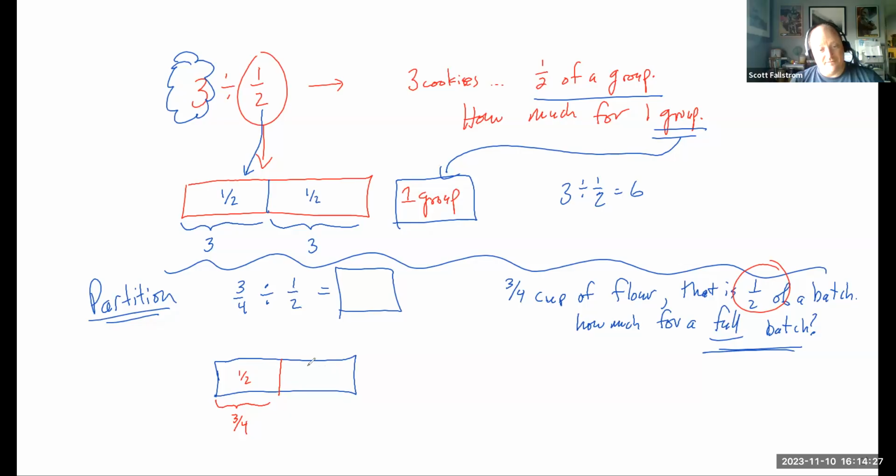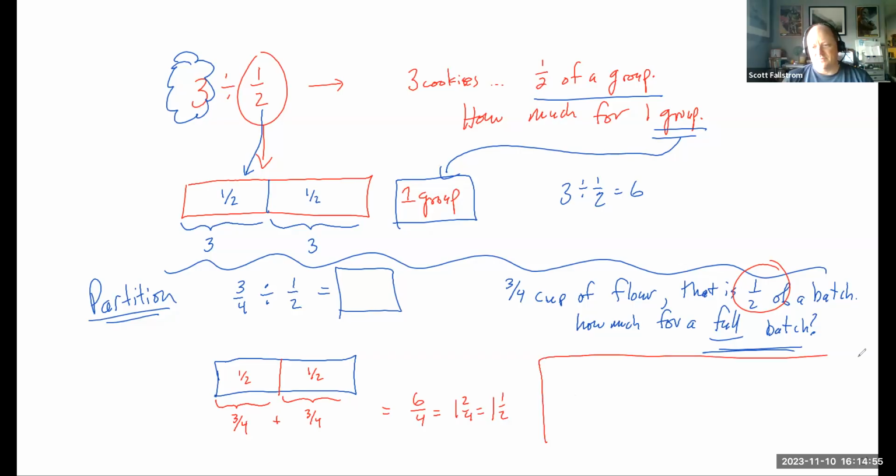So to make a full batch, I would need another 3/4 of a cup. Total, when you add these together to make a full batch, would be 6/4. Or if you want to break it down, this would be 1 2/4 or 1 1/2. So 1 1/2 cups of flour is what I would need. Very, very different pictures for measurement and partition.